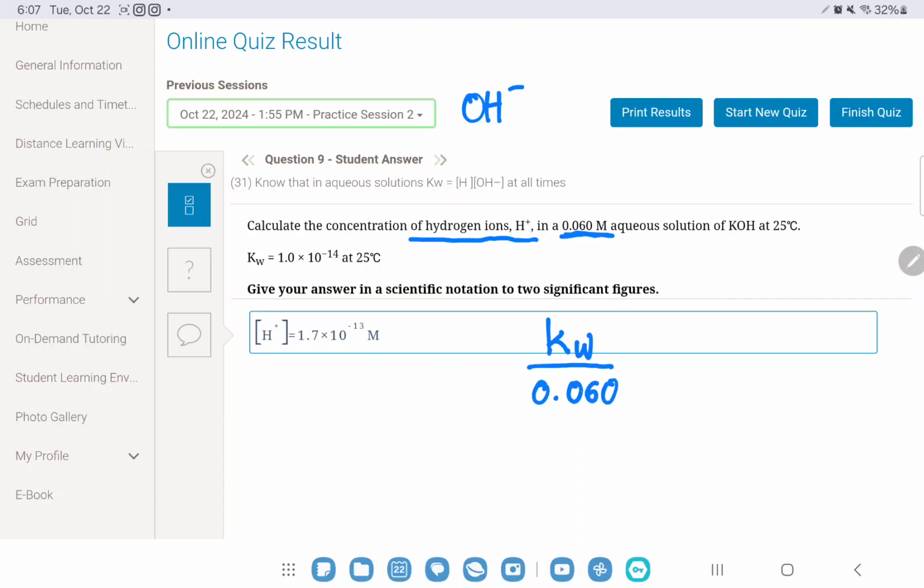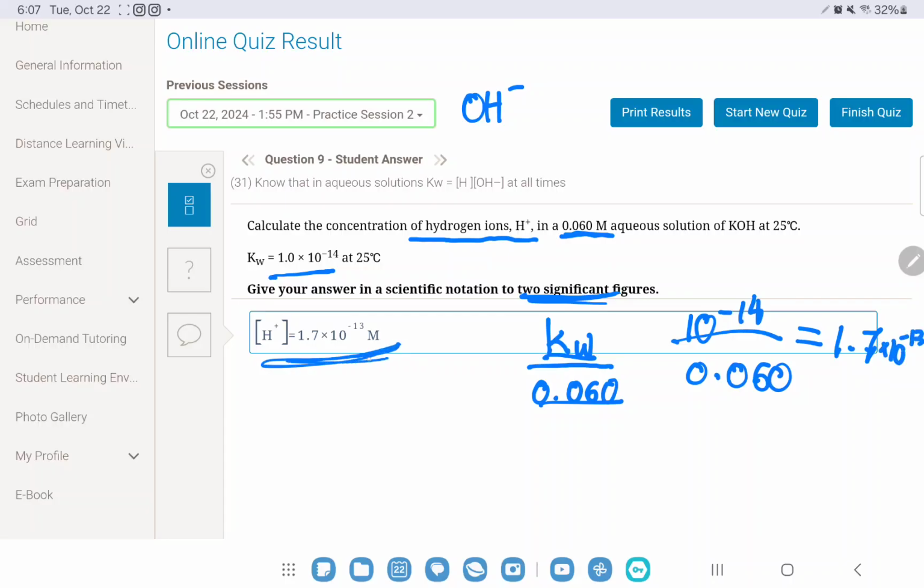You just take your constant, 10 to the power of negative 14, divided by 0.060, which is going to give you 1.66666. It's going to continue, but they wanted two significant figures, so we round it and it becomes 1.7 times 10 to the power of negative 13.